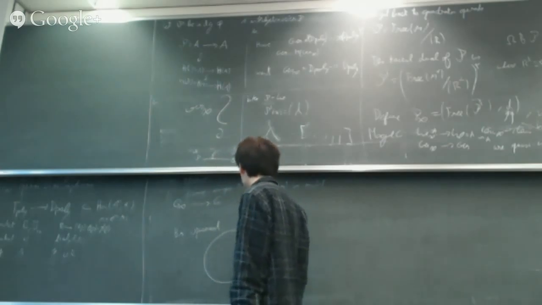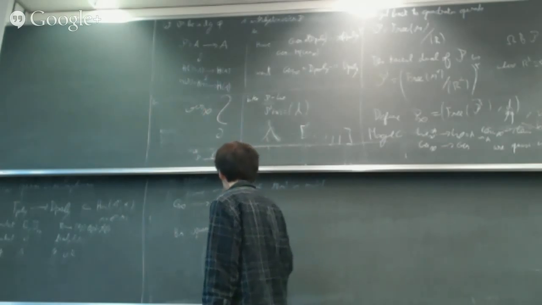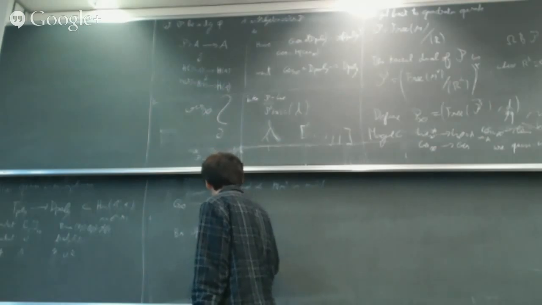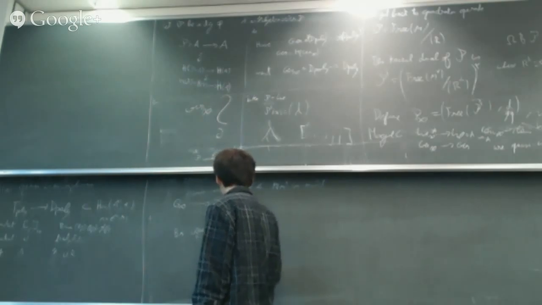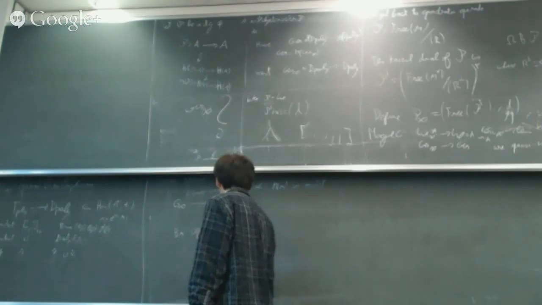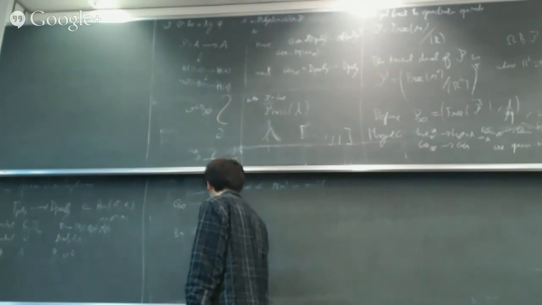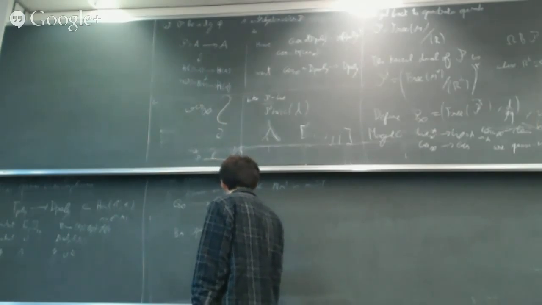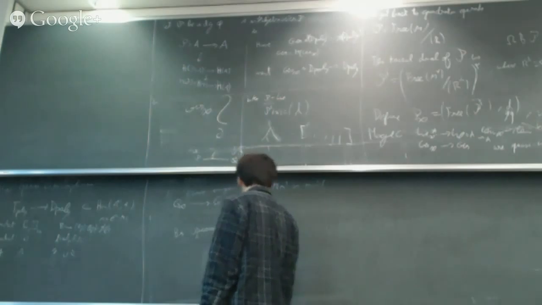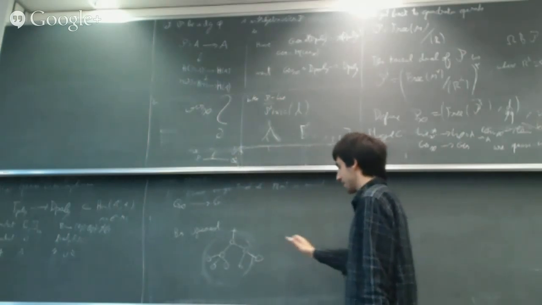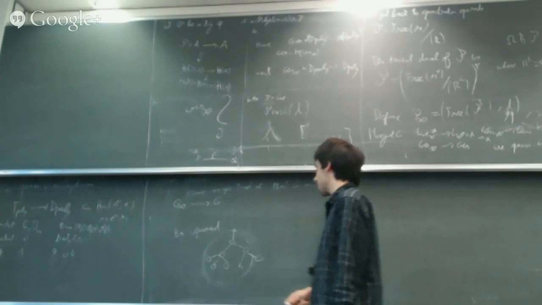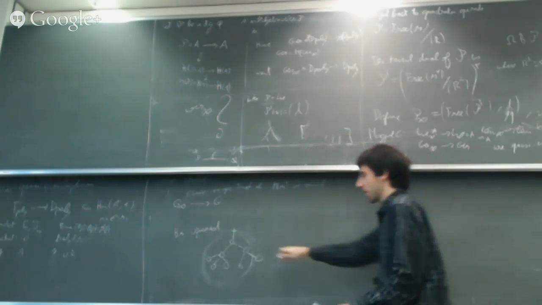So let's say the elements are, I pick one tree with one root. Then I have some trees. And this is the braces. The braces operad is made out of trees.